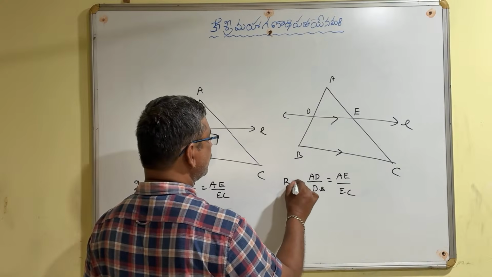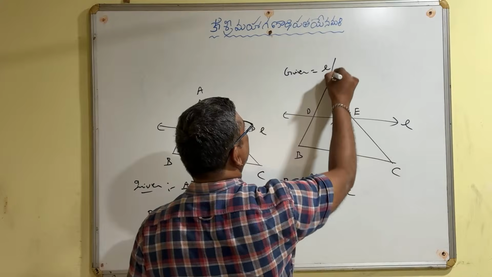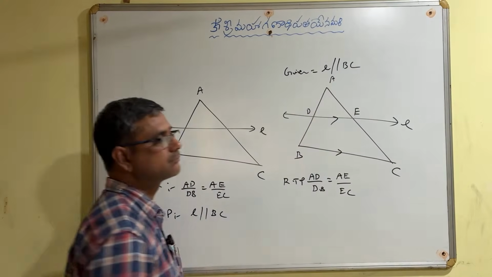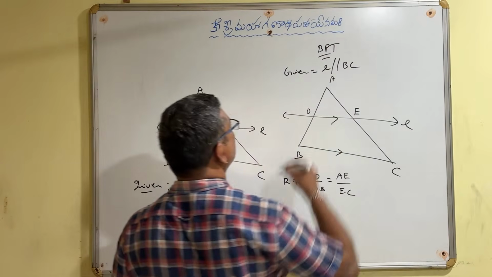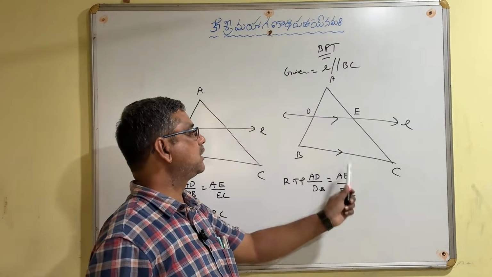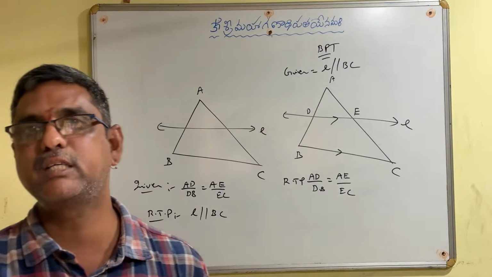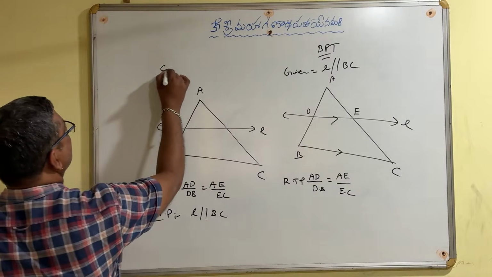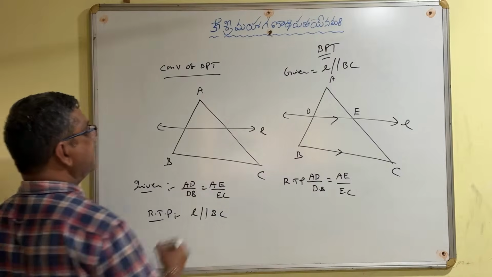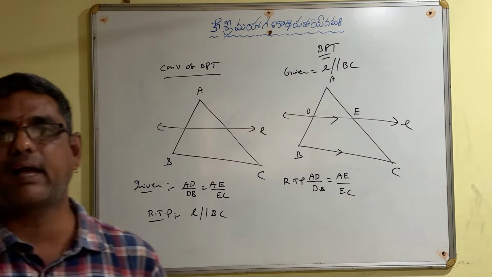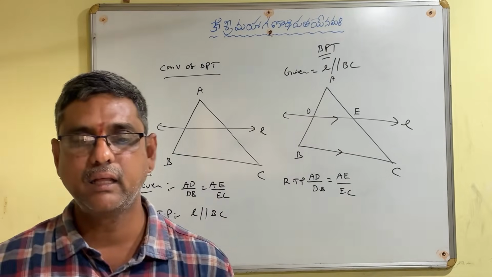Here this is required to prove, and what is given? L parallel to BC. In the basic proportionality theorem, if a line is parallel to the third side, then it divides the other two sides in the same ratio. That is BPT. And this one is the converse of BPT: if a line divides two sides of the triangle in the same ratio, then it is parallel to the third side.